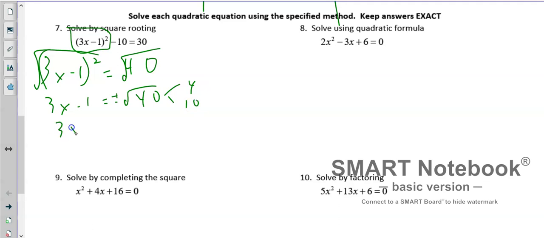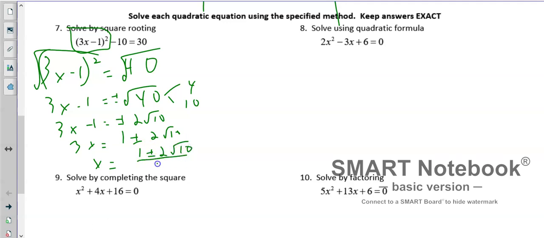So 3x minus 1 equals plus or minus 2 root 10. I'm going to add 1, so 3x equals 1 plus or minus 2 root 10, and divide by 3. So x equals 1 plus or minus 2 root 10 all over 3.